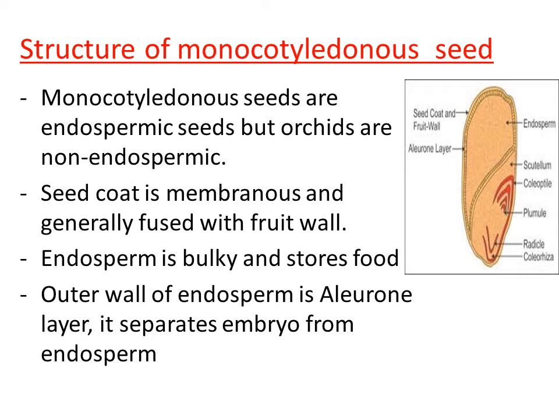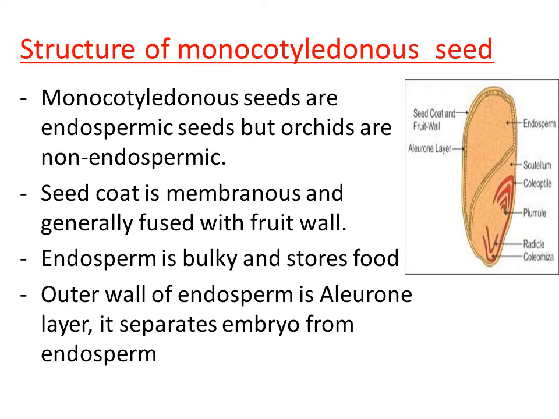What is the function of the aleurone layer? It is a proteinaceous covering of the endosperm, and it separates the endosperm from the embryo, right? This is a very important concept. The outermost proteinaceous layer of the endosperm is named the aleurone layer.